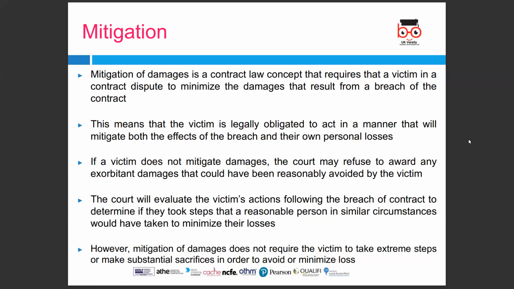So if a supplier, again, fails to deliver goods as promised, the purchaser might be expected to mitigate damages by finding an alternative supplier. The original supplier could be liable for any price difference that has been paid by the purchaser.